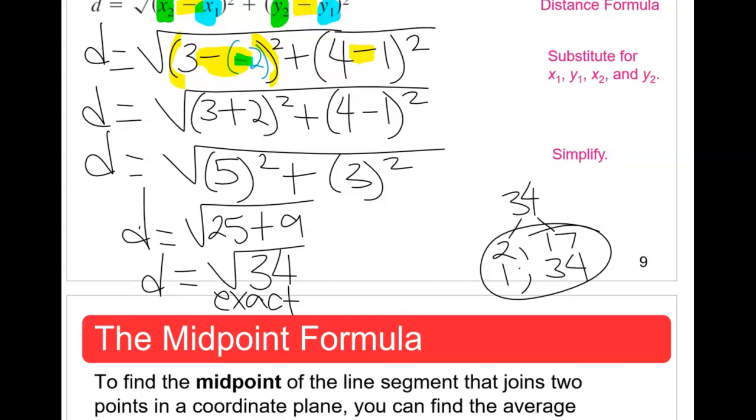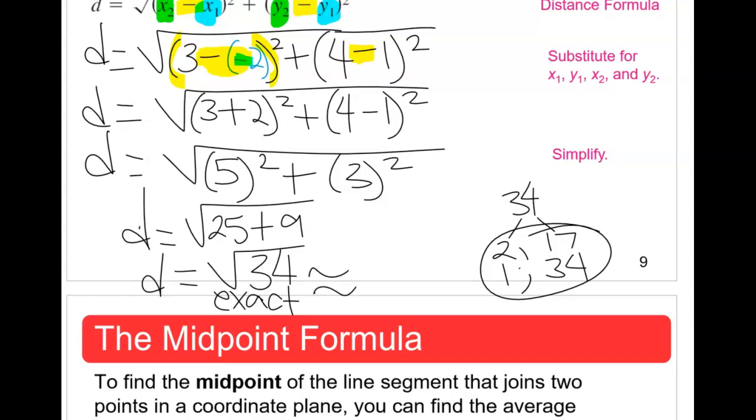Now, if you need to round, let's say, to the nearest hundredth, for example, that will be 2 digits after the decimal point. For us to do something like that, I'm going to enter it on my calculator.